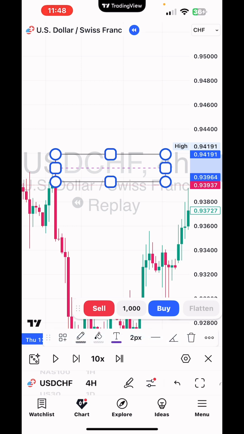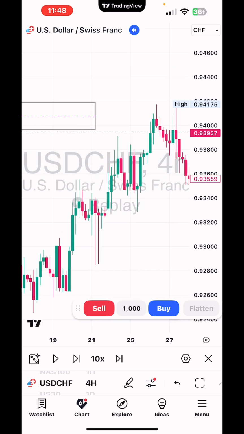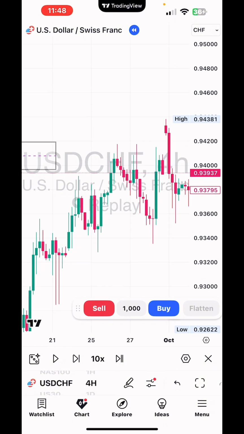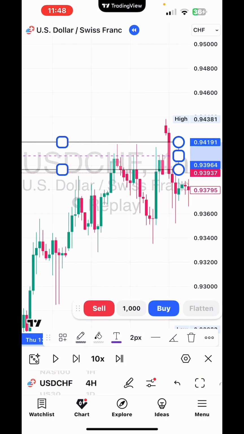Going forward, the market's going to come down, do what it's doing, and look what happens as it gets back into this area. As you can see, in this area is where you're looking for price action confirmations, and different types of reversals or whatever's going to be happening. This is where you want to be looking for whether it's going to go long or short, in simple terms.